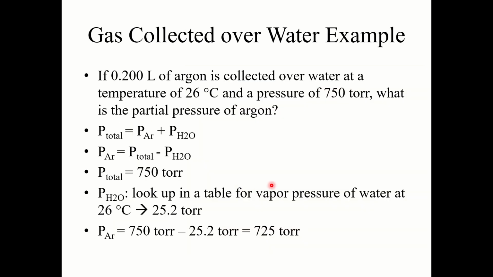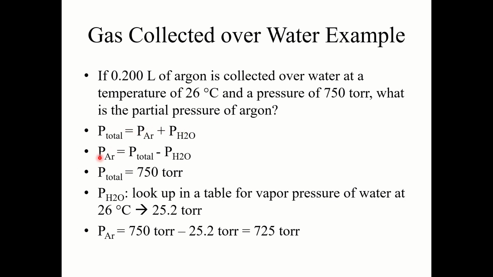So briefly, let me show you an example of how this is done. This problem states: if 0.200 liters of argon is collected over water at a temperature of 26 degrees Celsius and a total pressure of 750 torr, what is the partial pressure of argon? So here, the total pressure, which again is equal to the atmospheric pressure, 750 torr, is equal to the pressure of argon plus the pressure of that water vapor.